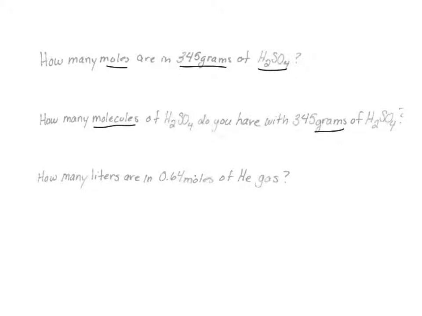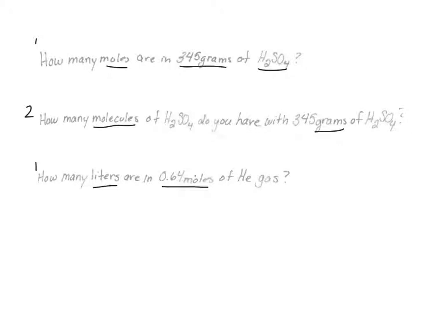And then below, it looks like we're going from moles to liters. So I've got two problems that involve going on and off moles, mole island. So those are 1 steps. And then this one's grams to molecules. So I'm going on and then off mole island, and so I know that's going to be a 2 step. Okay, so let's set these up.